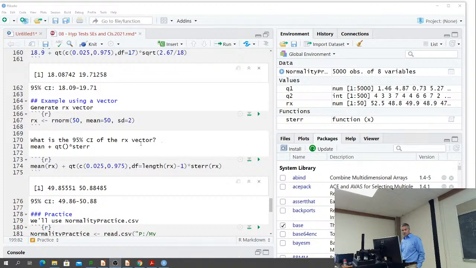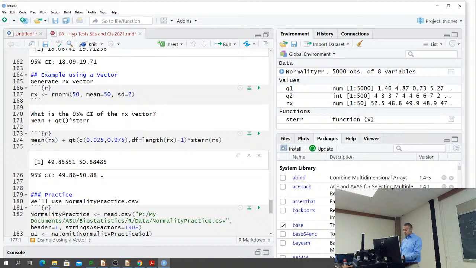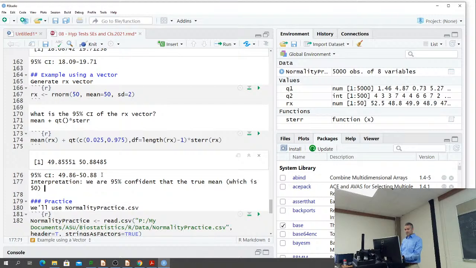RX, we knew we drew it from a population of 50. 50 is the true mean. All right, so this range that we just calculated, we are 95% confident that the true mean of 50 is captured by this range.